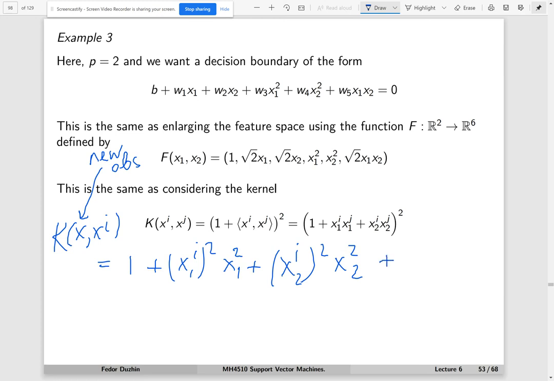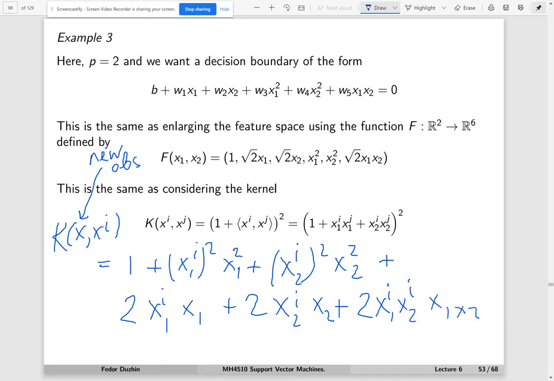plus twice the sum of the pairwise products. So I'm going to have 2 times x1i times x1 plus 2 times x2i x2 plus 2 times x1i x2i x1 x2. Let me compare it with this.